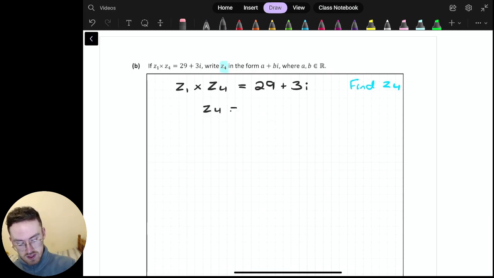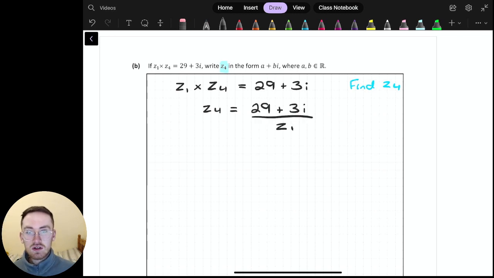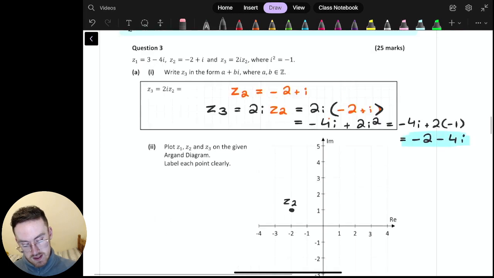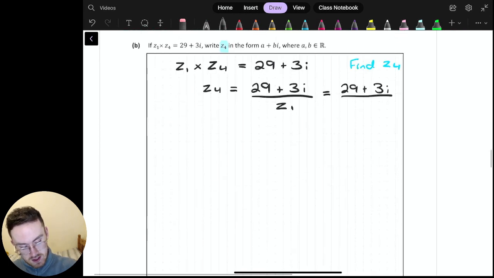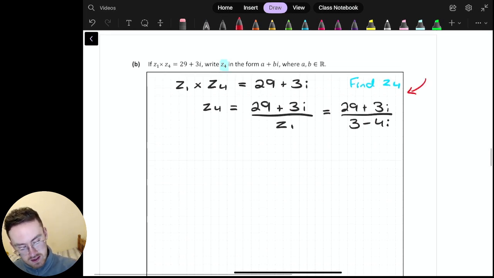What that means for us is that z4 is 29 plus 3i divided by z1. Do we know what z1 is? We do. So let's write in what it is. It's 3 minus 4i. And now we're back once again to a sum where we need to divide complex numbers.